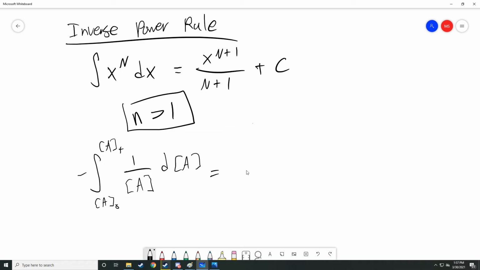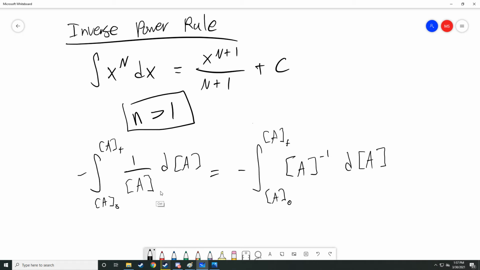Remember, 1 over A is the same thing as saying A to the negative 1, right? So essentially here, what we're doing is we're integrating A to the negative 1 dA. So if I plug in n equals 1, that just is a 1 exponent there, right?